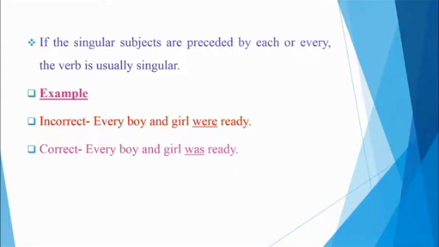Because the rule is if the singular subjects are preceded, here preceded means come before, by each or every, the verb is usually singular. Here boy and girl are two singular subjects that come after every, so we have to add the singular verb was to it. So the correct sentence is every boy and girl was ready.